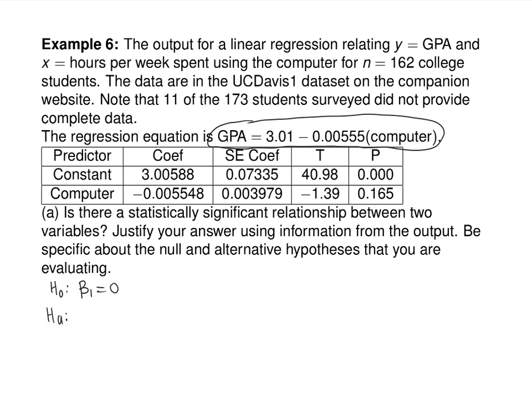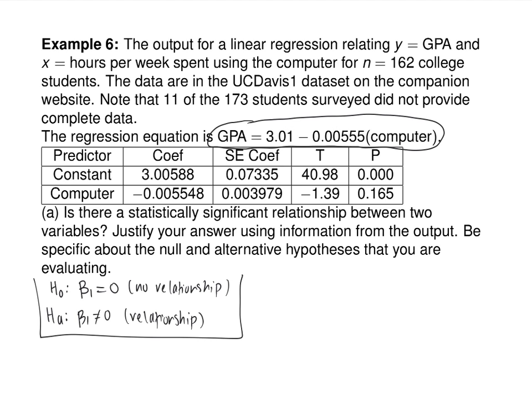And then what's HA? Beta 1 is not 0. So there is a relationship. Okay.